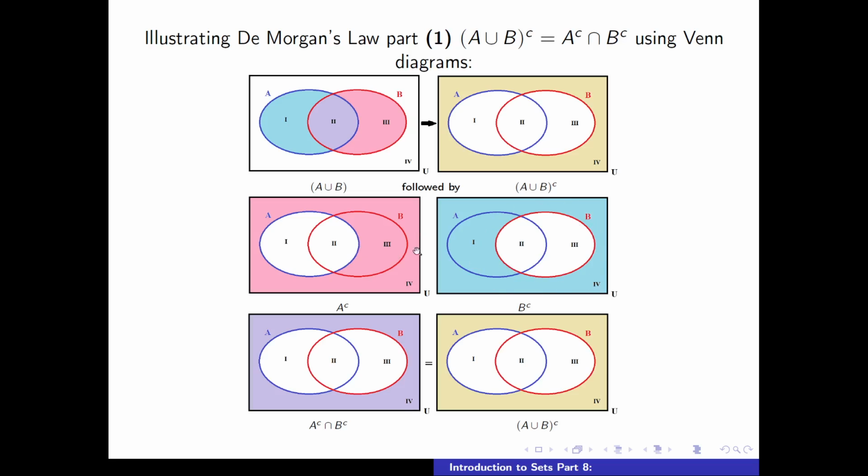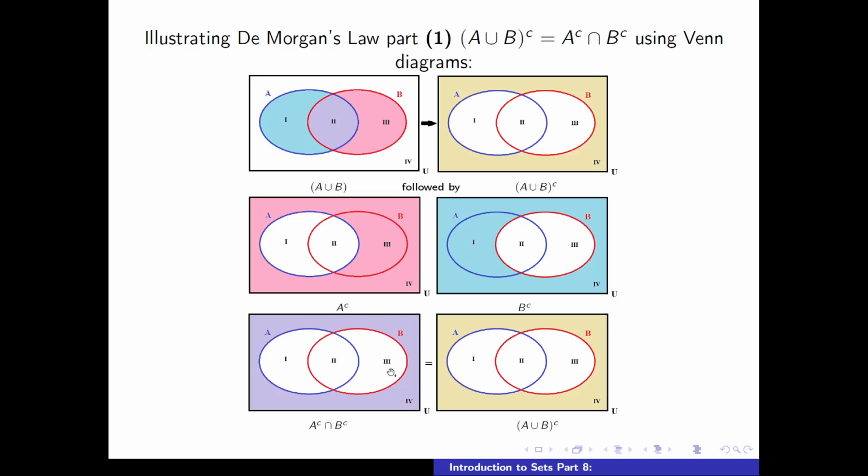Now if we intersect these two regions, we're asking to intersect the complements. The complement of A is regions 3 and 4. The complement of B is 1 and 4. What they have in common, because we're dealing with the intersection, is in fact just region 4.